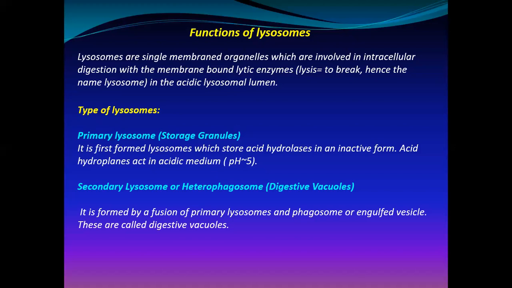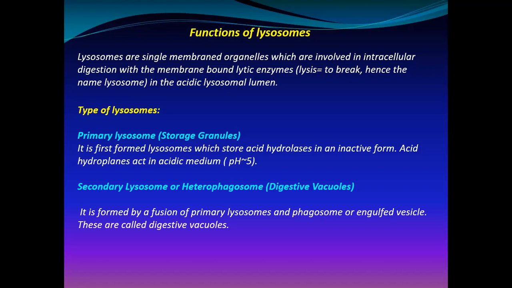Then we come to the secondary lysosome or heterophagosome, right? It is formed by the fusion of primary lysosome and phagosome. Phagosome, in a sense, you can see when a bacteria or virus is taken by the cell, by a process called endocytosis.